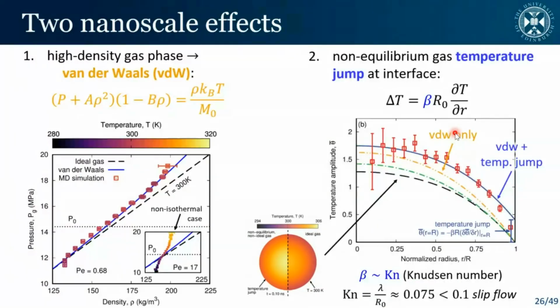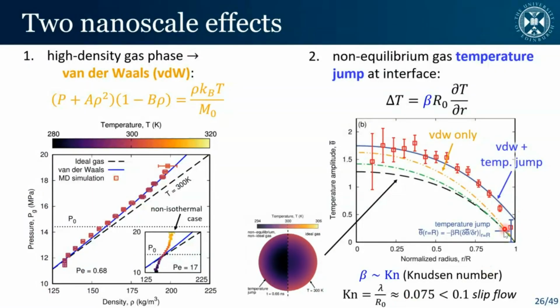So there's two reasons for this. One is that we have a non-ideal gas, which can be better represented by the van der Waals equation of state. But then also we have the rather confusing effect of non-equilibrium gas dynamics. So non-equilibrium gas effects can be characterized by this Knudsen number, which is a ratio of the mean free path to the bubble radius.